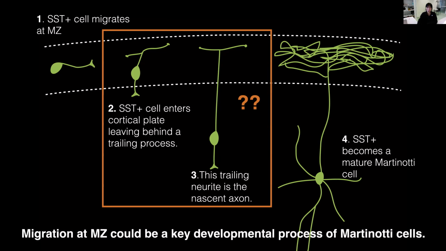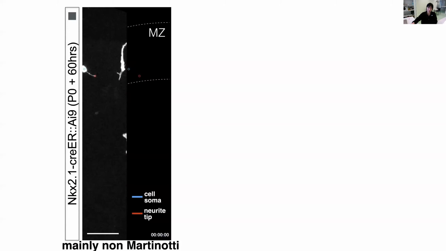So to do so, we turn to culturing cortical slices at postnatal day 0, to maintain the 3D morphology, where we have the marginal zone, the surface of the cortex, on top, and the cortical plate at the bottom of the image. So I first show you a control in a line that we know mainly marks non-Martinotti cells.